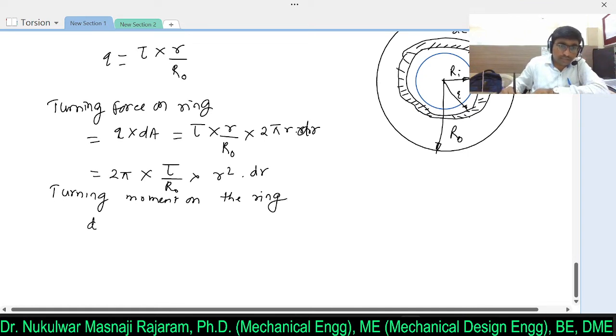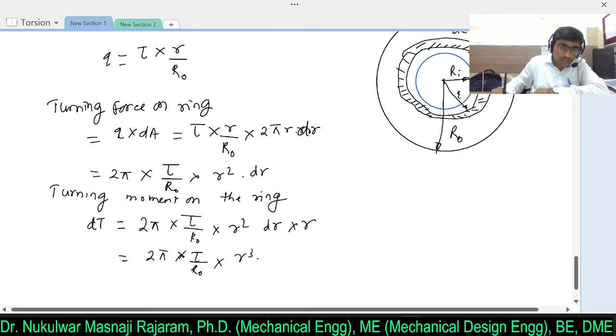So here I will write dT, that is equal to 2 pi into tau divided by Ro into r square into r. Simple. So I will rewrite r square into r as r cube. So that is 2 pi into tau divided by Ro into r cube into dr. So this is the turning moment on the ring.